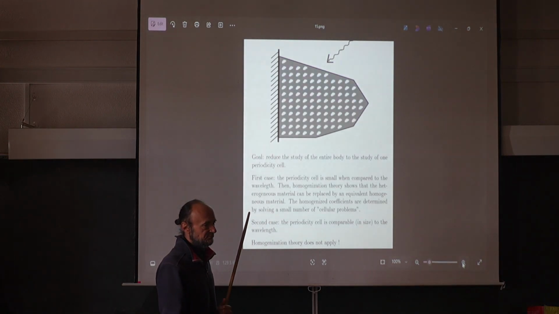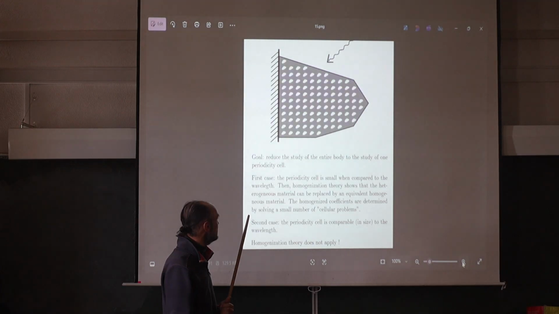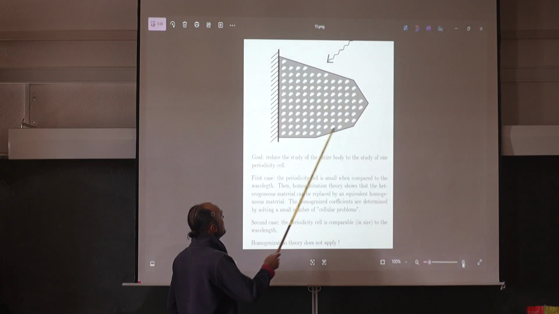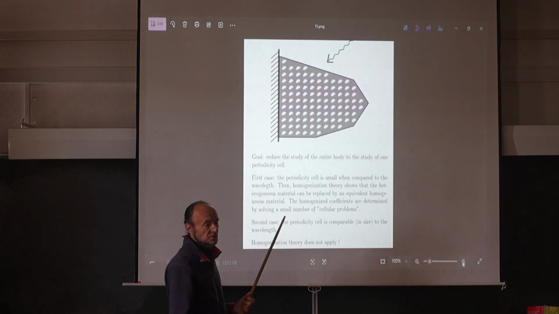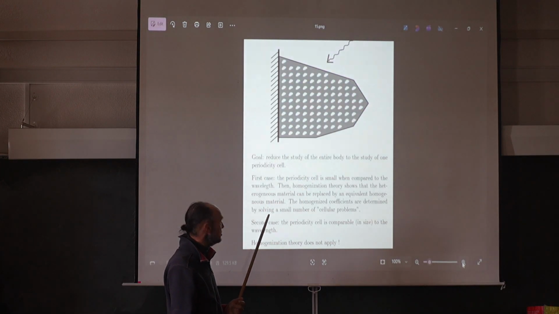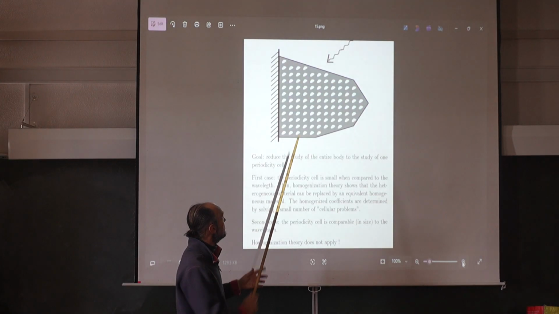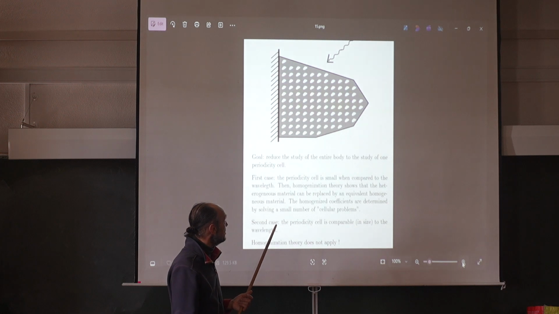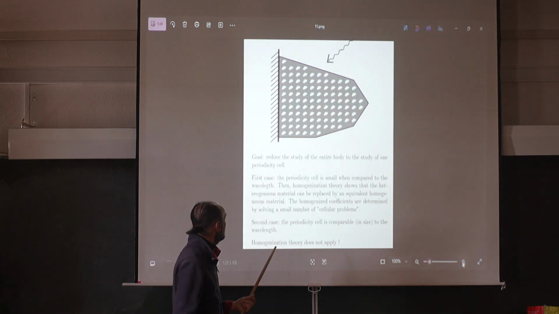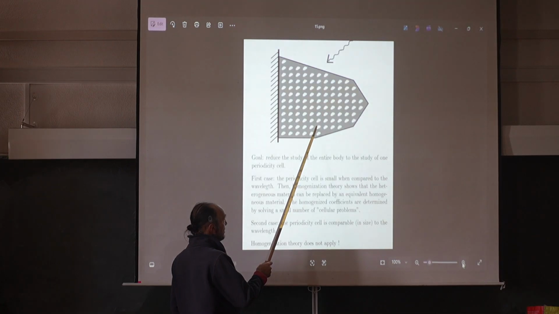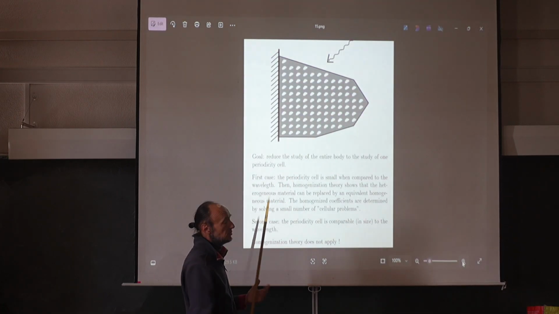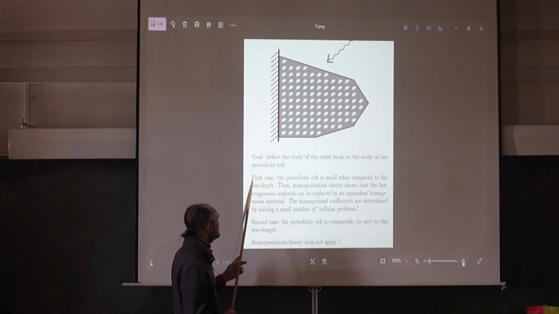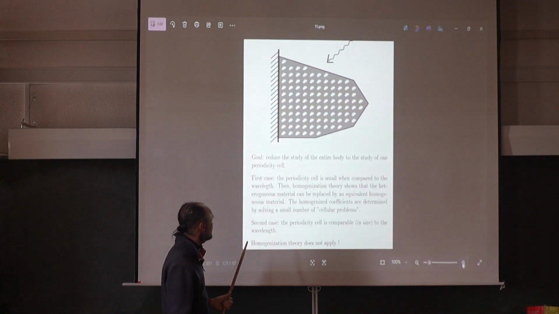If this is the case, then the classical homogenization applies. You can replace this non-homogeneous material by an effective homogeneous one. And the wave propagates as if the body was homogenized, had constant coefficients given by a homogenization theory. So this case is solved by classical homogenization theory.